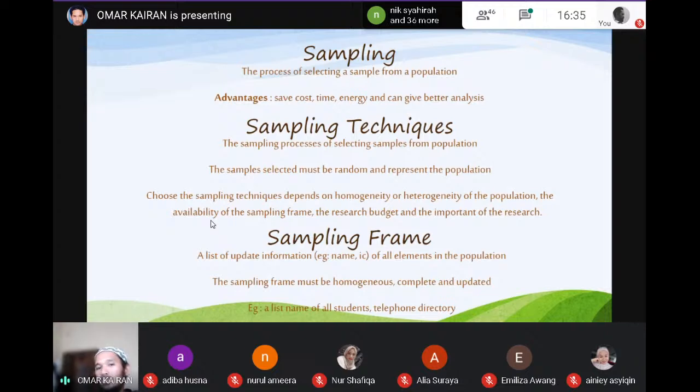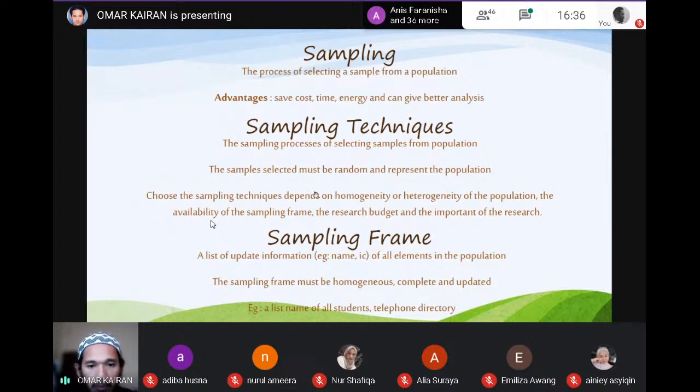The sample yang kita ambil itu not representing the population yang kita nak kaji. It is a big fatal problem in conducting research when we wrongly sample the population.